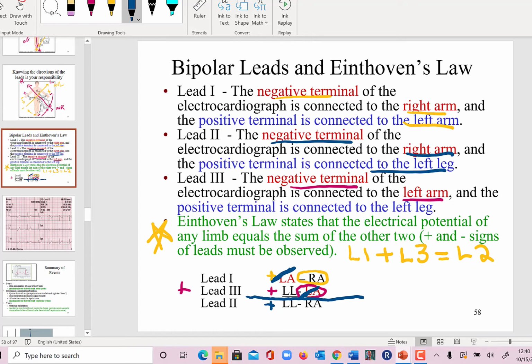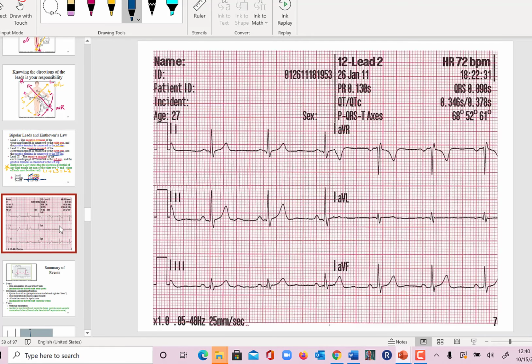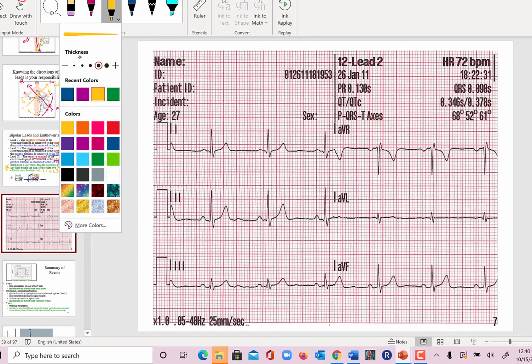Well, this brings us to our first demonstration. Here is an EKG that I posted online for you all to analyze. Here is what we do first. The first thing that I want you to do is draw your best baseline.